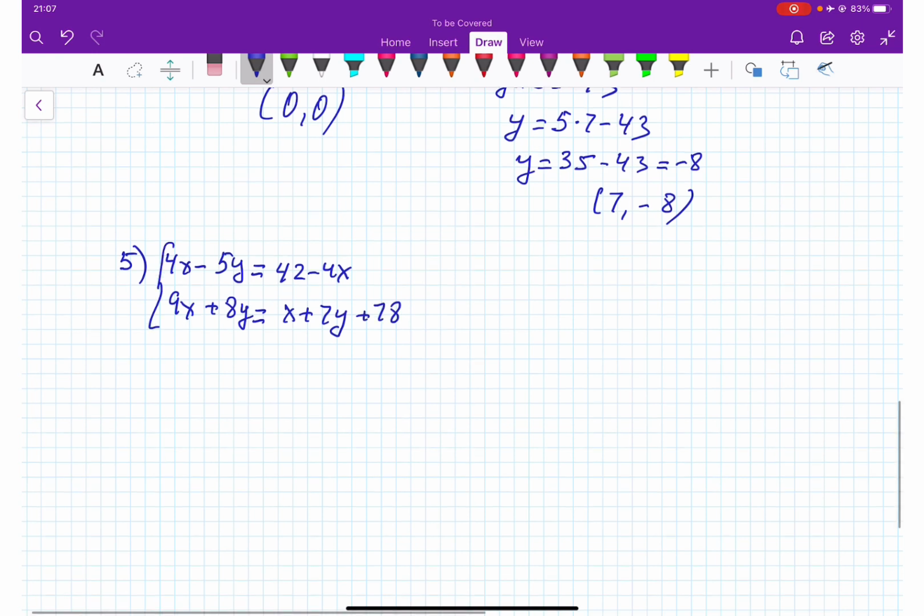We have to use the method of substitution.